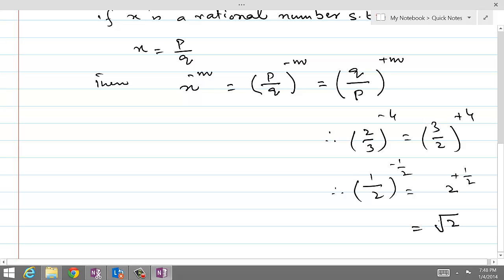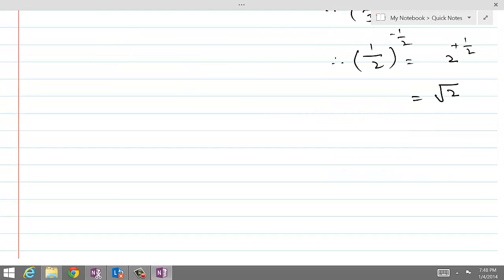So these are few things which, if you remember, will just help to simplify the radical signs. And now let's get started with questions and do a couple of questions so that we can further understand the process of simplification of radical signs.